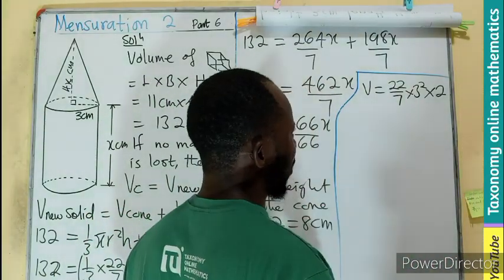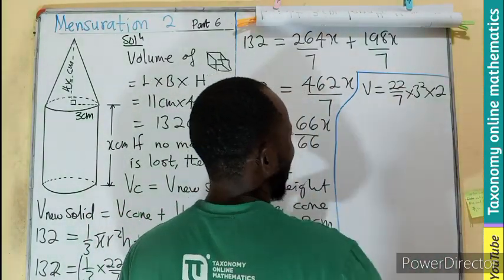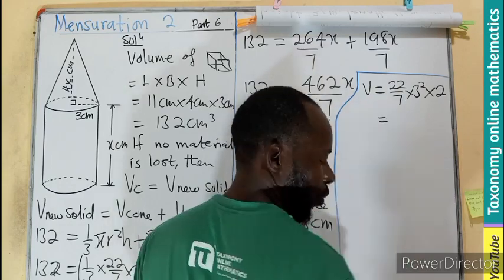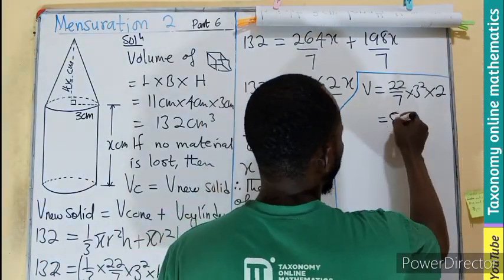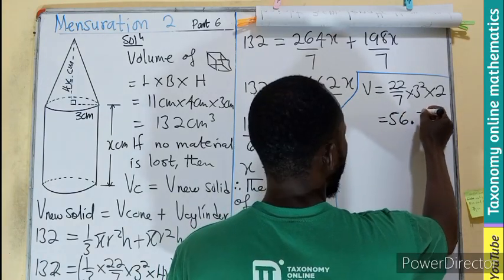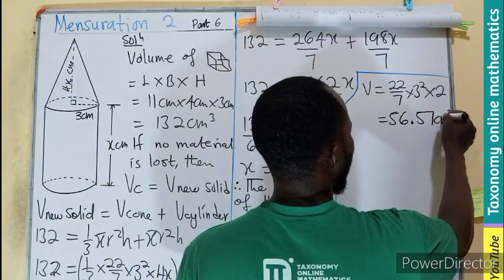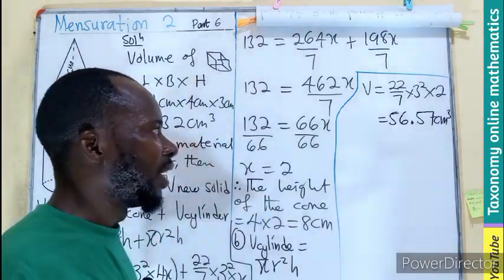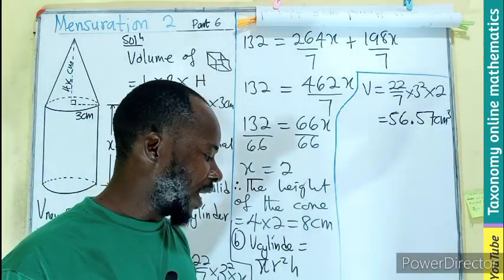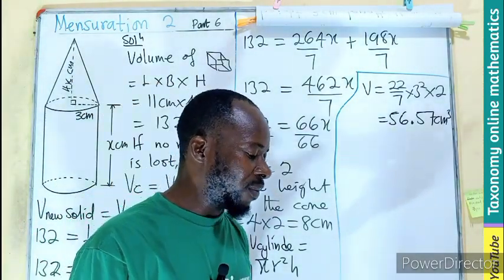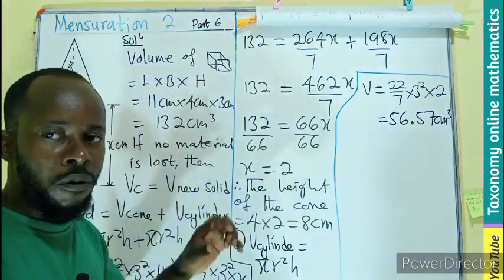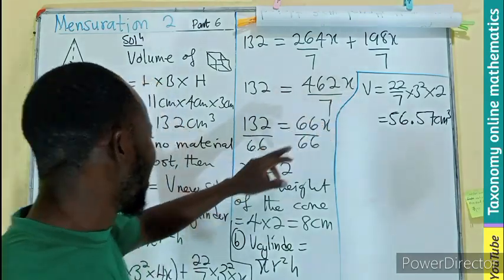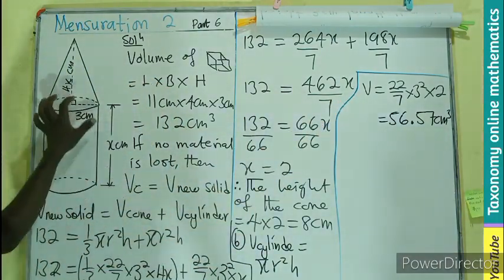Then when you multiply all this, divided by 7, that will give you 56.57 centimeter cube. We are leaving our answer in 2 decimal places. So that is the volume of our cylinder, only here.